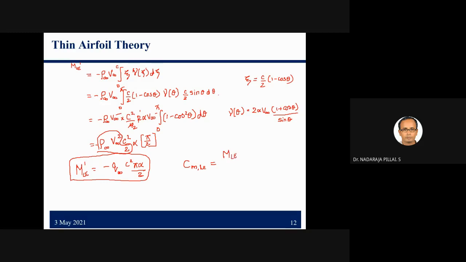So moment about the leading edge by q infinity S into c. This is our definition for moment coefficient. So we know in our case S is equal to the chord into 1, because per unit span.